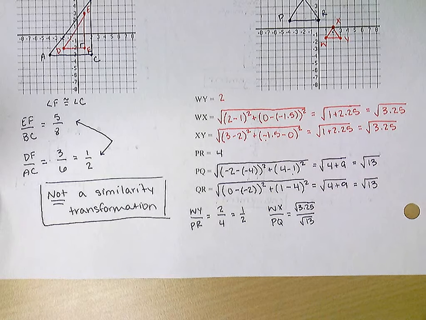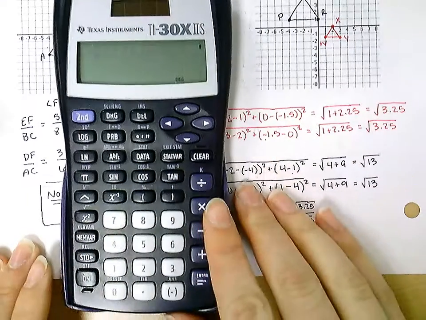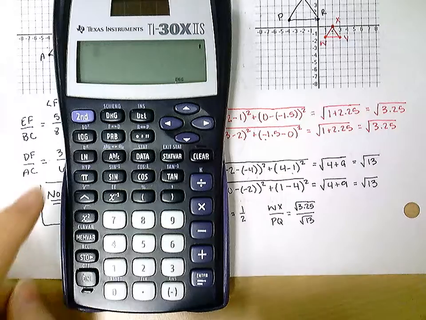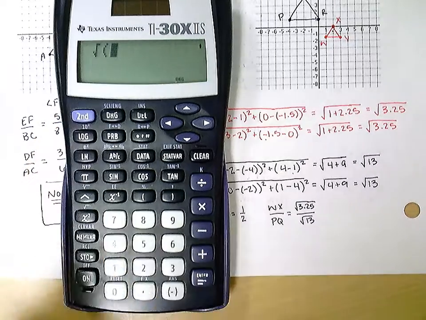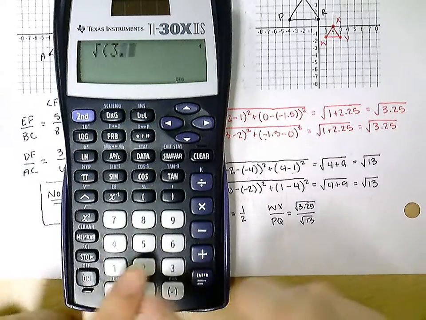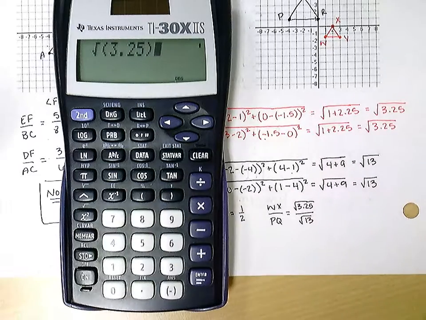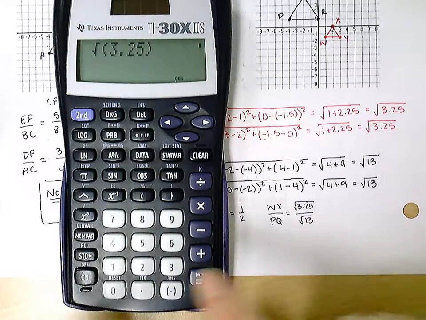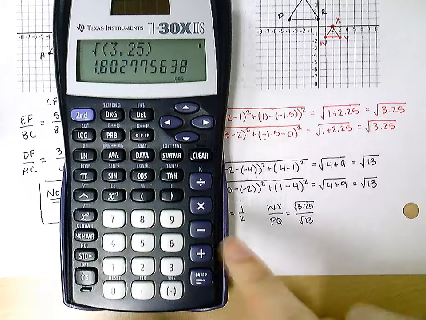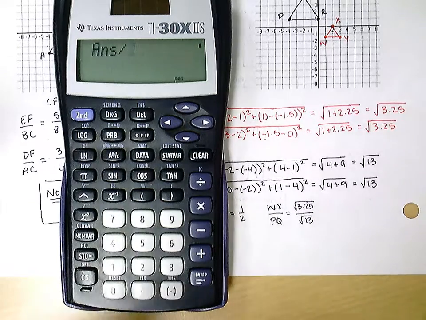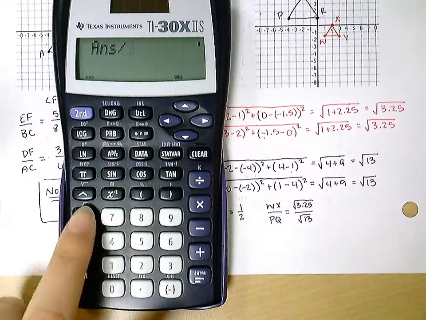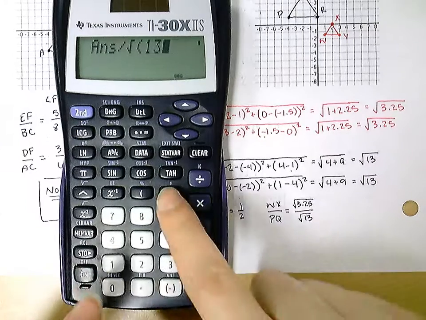What I want you to do on your calculator, I want you to take the square root of 3.25, press equals, divide it by the square root of 13.